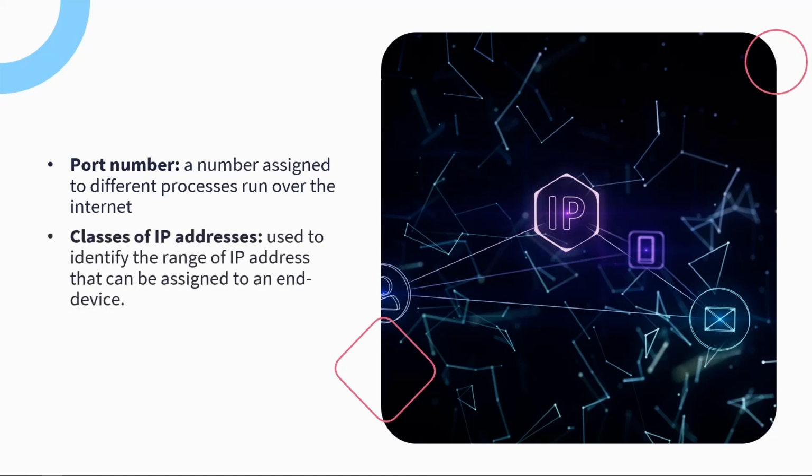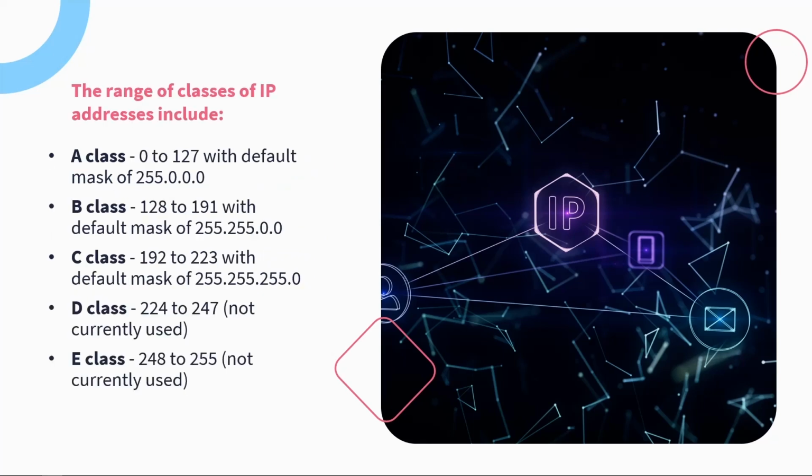Now you get classes of IP addresses that are used to identify the range of IP addresses that can be assigned to an end device. For interest, here is the range of classes of IP addresses. You will find this list included in the summary notes for this lesson. A class is 0 to 127 with default mask 255.0.0.0. B class is 128 to 191 with default mask of 255.255.0.0.